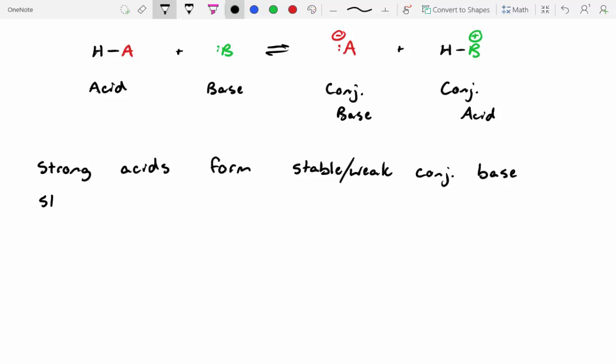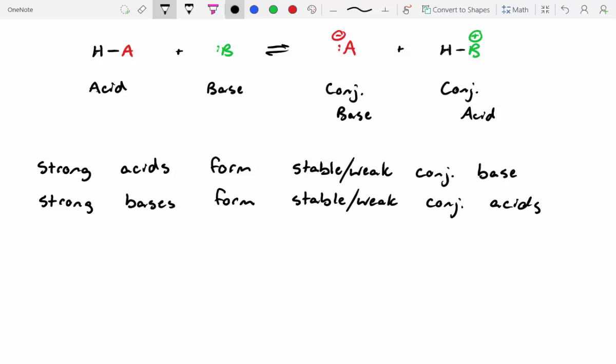The same is true for strong bases. Strong bases form stable or weak conjugate acids. So for example, if that B with the lone pair is super duper strong, we're going to form a conjugate acid that doesn't want to give up that proton.